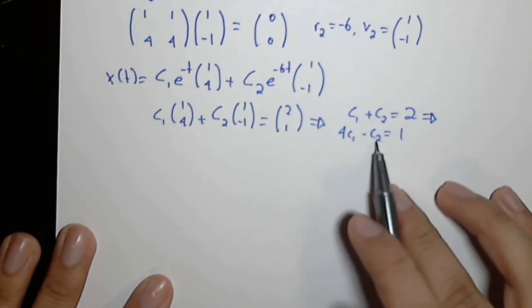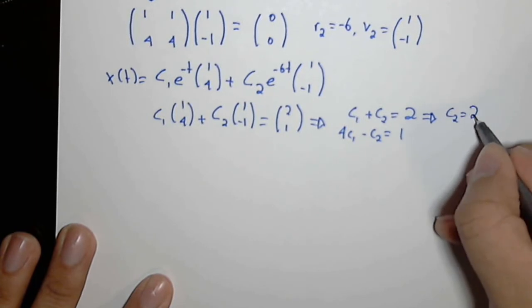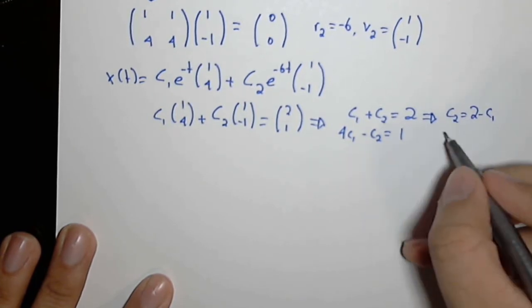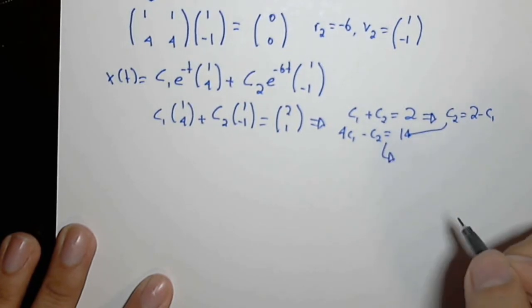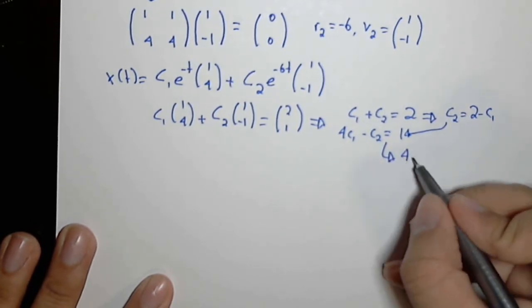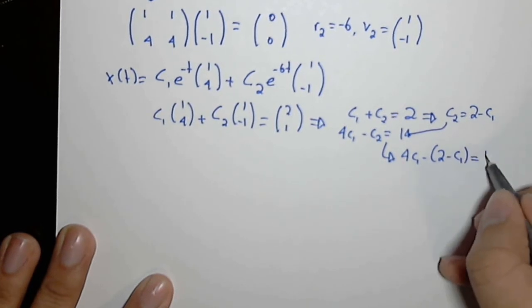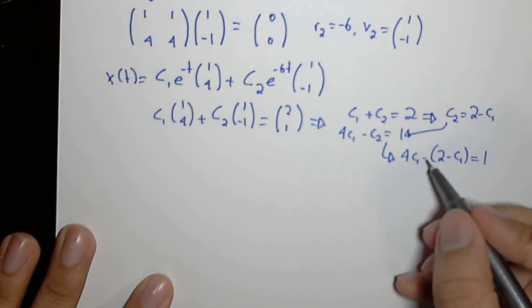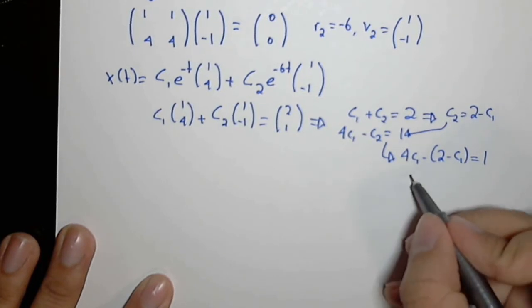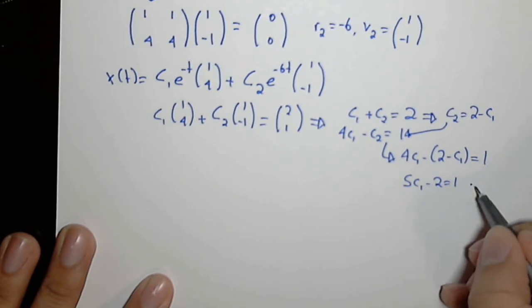So we want to isolate for C2 here, so we can say C2 equals 2 minus C1, which by plugging into this equation, it's going to give us 4C1 minus 2 minus C1 equals 1. Multiplying the negative out and adding them together, 5C1 minus 2 equals 1.